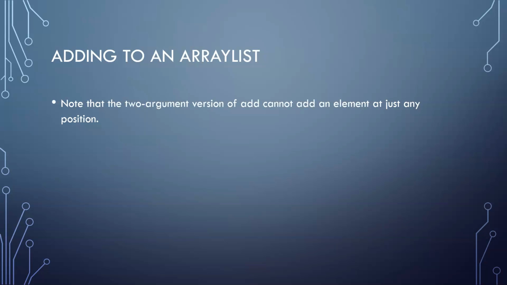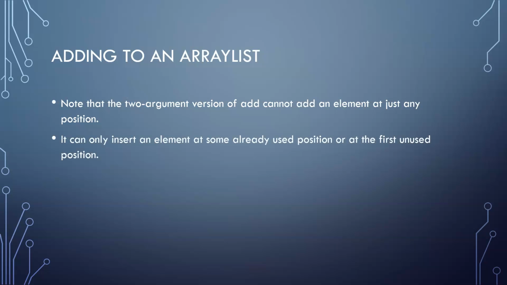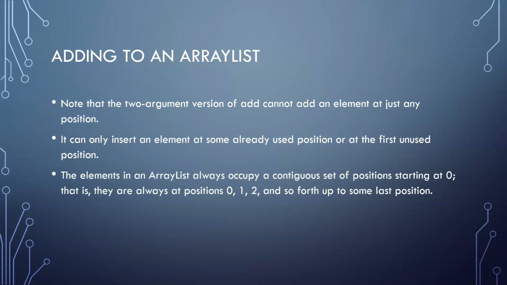Note that the two-argument version of add cannot add an element at any position. It doesn't quite have that ability. It can only insert an element at some already used position or at the first unused position. The elements in an ArrayList always occupy a continuous set of positions starting at 0. That is, they always start at positions 0, 1, 2, and so forth up to whatever the last position is.